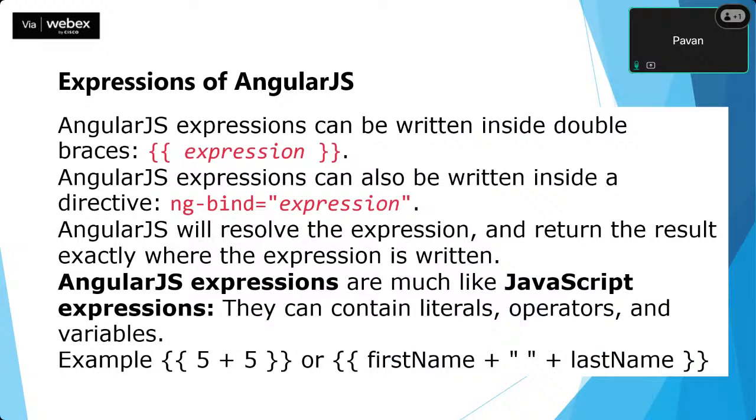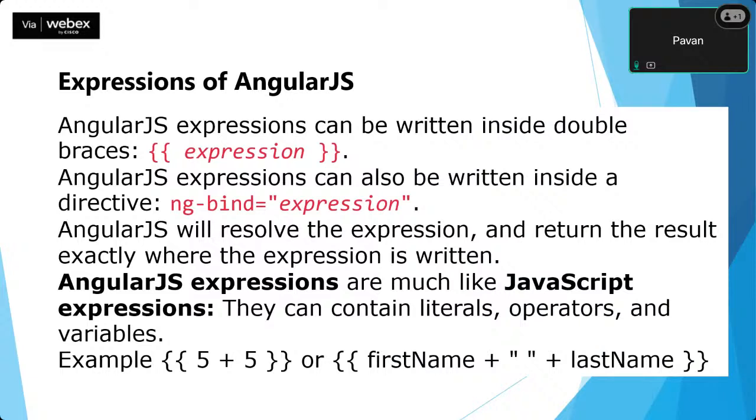Or else we can also use ng-bind equals to an expression written in double quotes. So there are two ways to write expressions: one is using curly brackets, and one is using the directive ng-bind equals to an expression written inside double quotes.